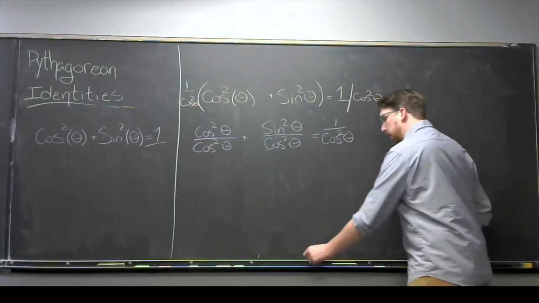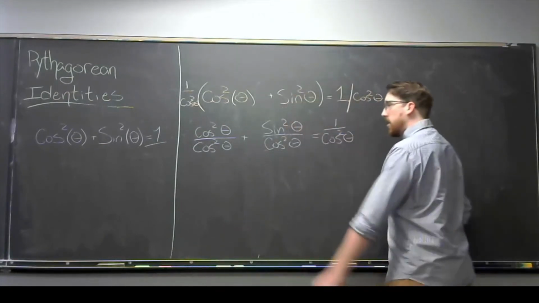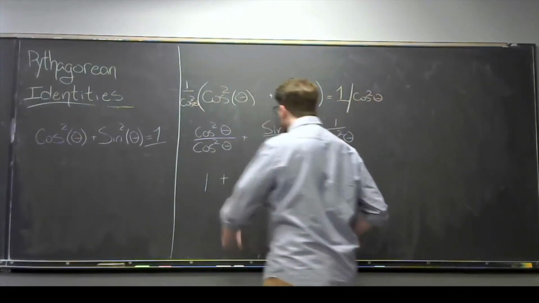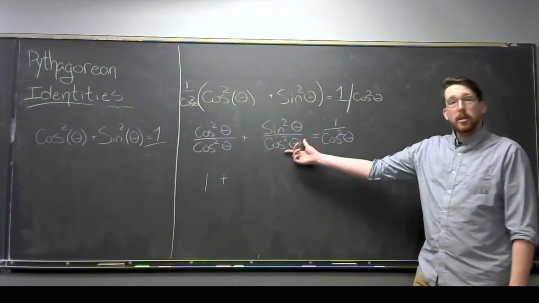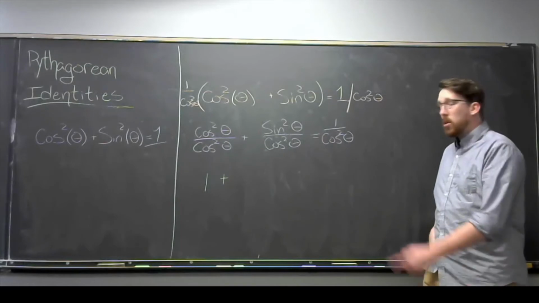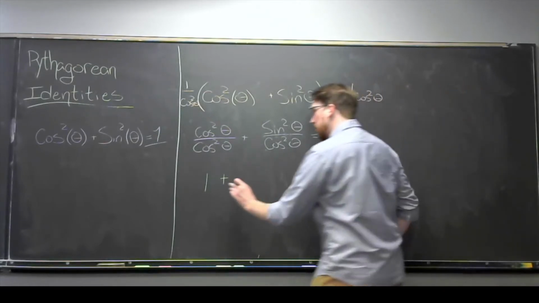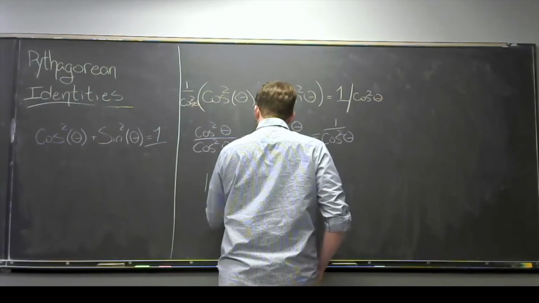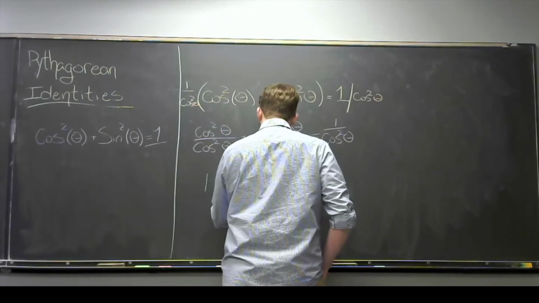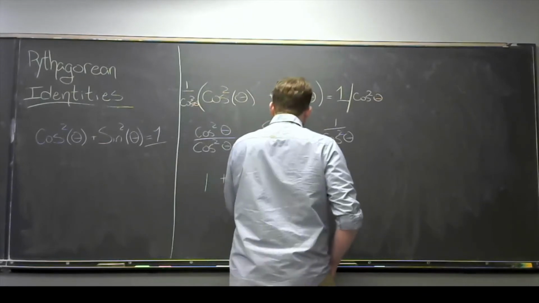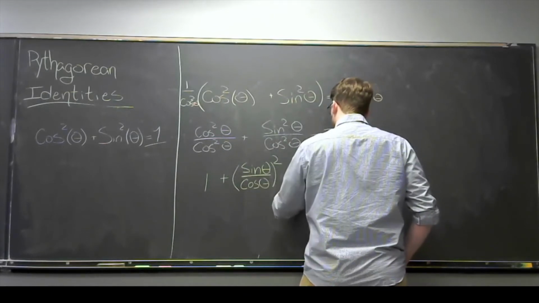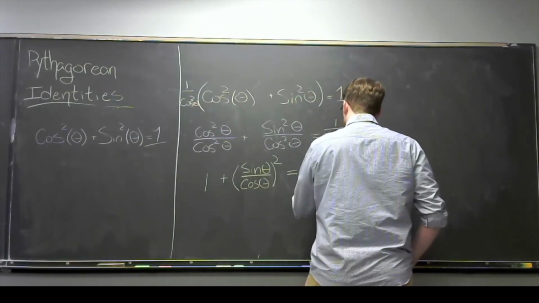Well, we can see really quickly that this reduces to 1 plus. Now, because the numerator and our denominator are both squared, we can go ahead and pull the square outside. We'll have sine theta over cosine theta, the quantity squared, is equal to 1 over cosine squared theta.